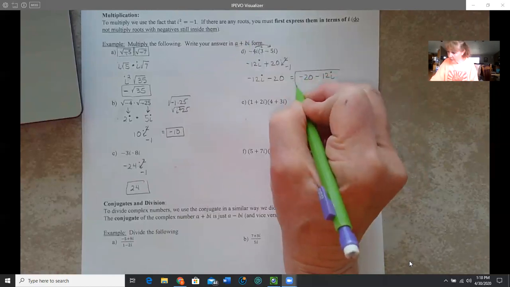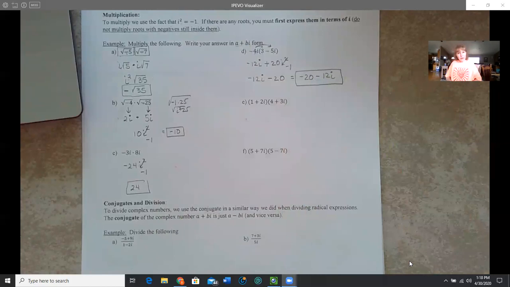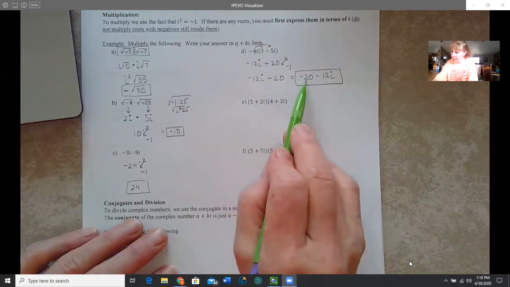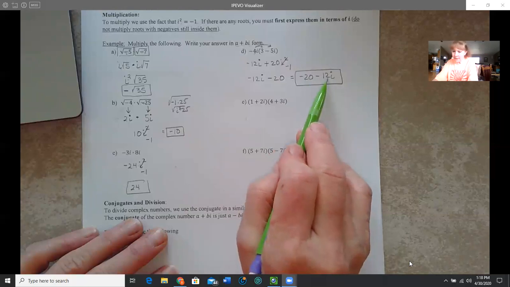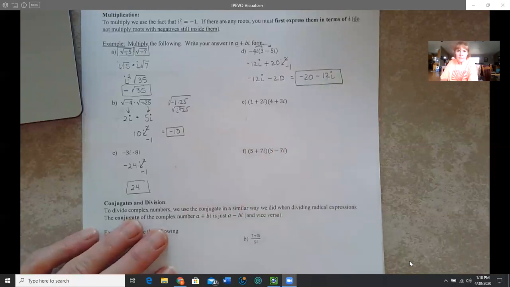I'll put the real part first, just so it matches the form a plus bi, where your a is a negative 20 and your b is a negative 12. And then the b has the i with it.